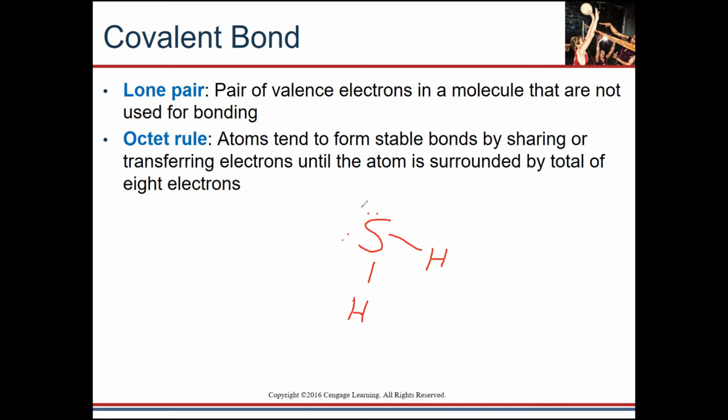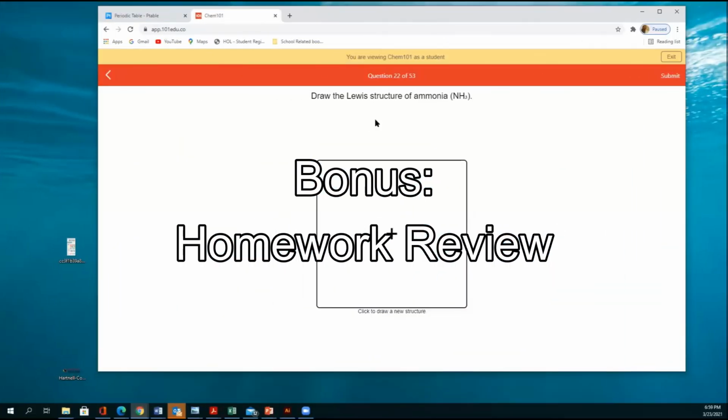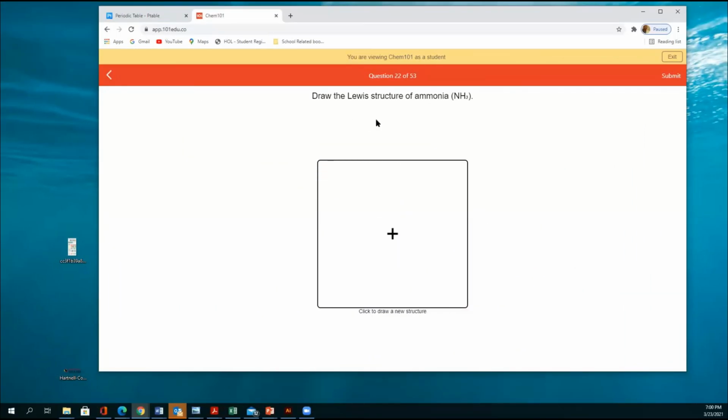And so we want to keep track of those too. We want to make sure that we know what's going on in that situation. They are also counted towards the octet rule. You guys are familiar with the octet rule, right? Questions? Concerns? No. Okay. So question number 22, draw the Lewis structure of ammonia.